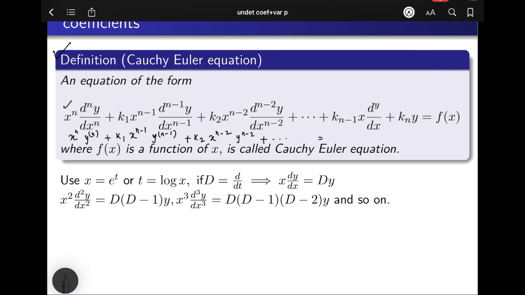If you have this type of structure equal to f(x), then basically this is a linear, non-homogeneous type of equation.